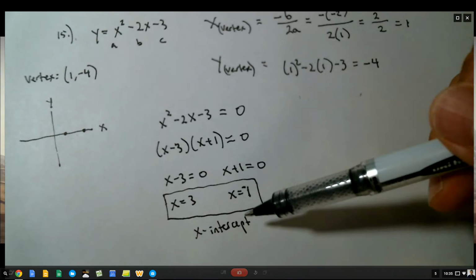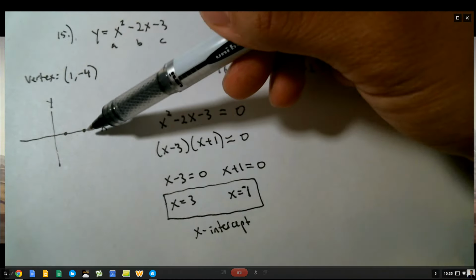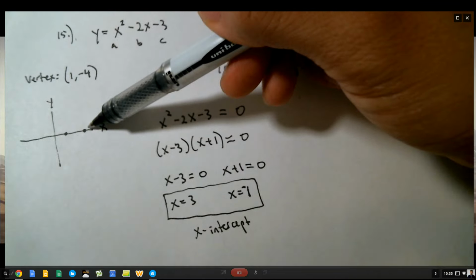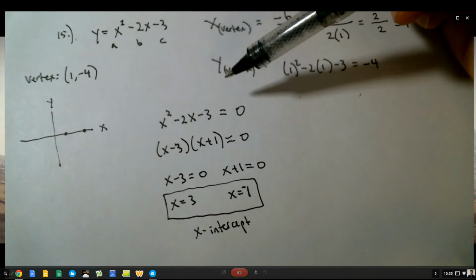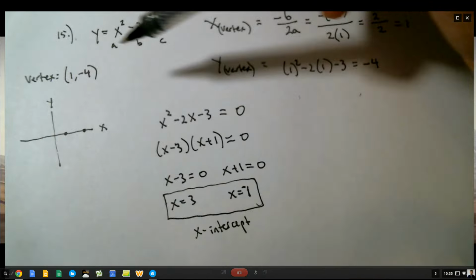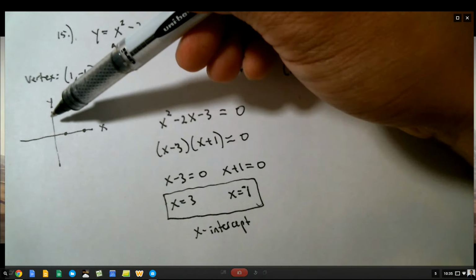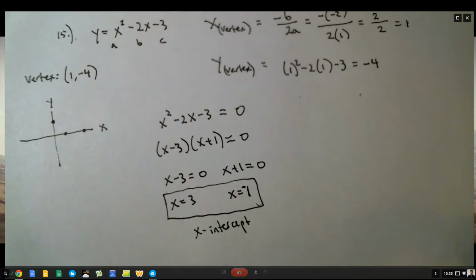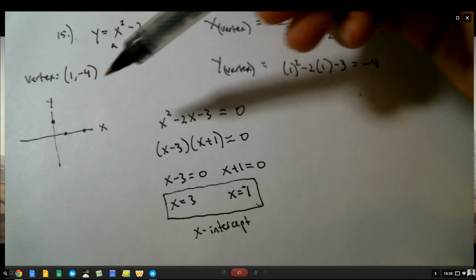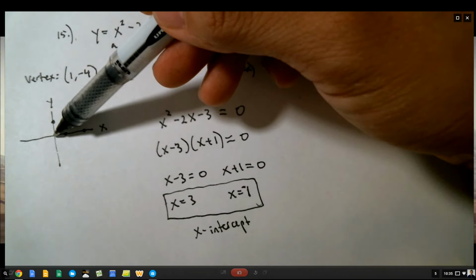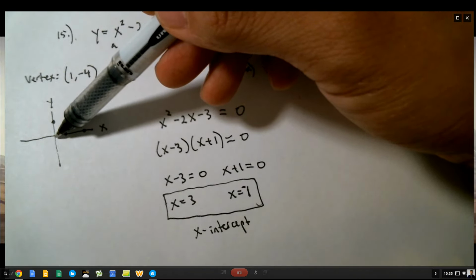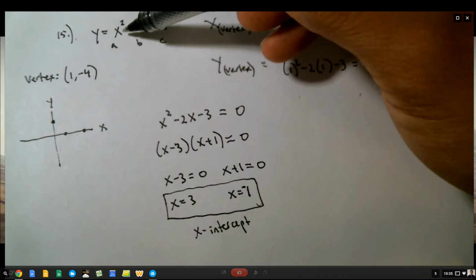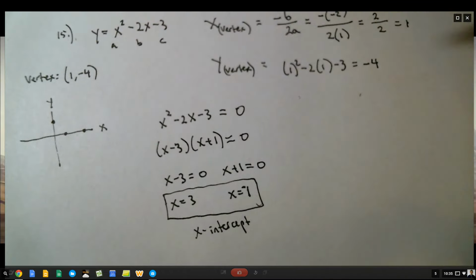Well, we know the x-intercept is when you set the y value to 0, because that's the only way it can cross the x value. The y-intercept is where it crosses the y value. And to find that, remember the x value has to be 0.